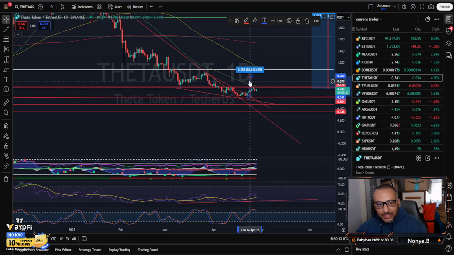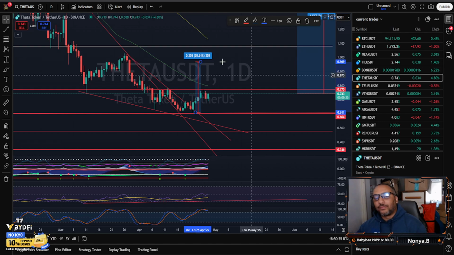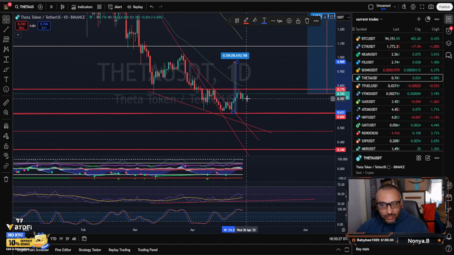That is a 58% move to the upside, and the only reason you can think of this is because you hit your lows, you then broke out, held support, and now you're starting to move. So this is a good sign, very good sign.